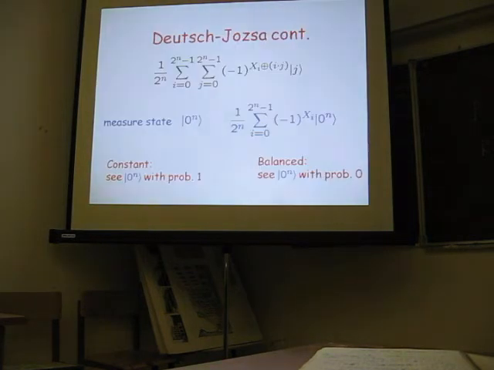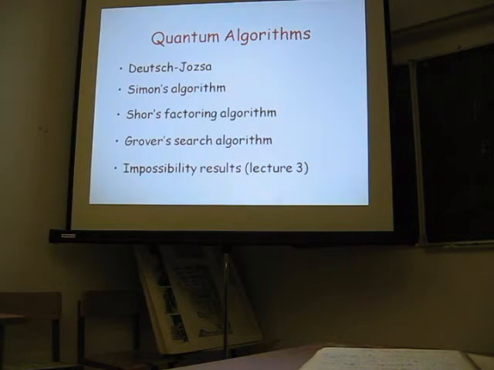Okay, so I've shown to you now the Deutsch and the Deutsch-Jozsa algorithm, and I will not have time to go into detail on these others, but I want to tell you that, just for historical perspective, after the Deutsch-Jozsa algorithm, there was an algorithm due to Simon, which actually precisely touched upon this point that Edward just pointed out, that this Deutsch-Jozsa algorithm is not really a good problem to separate quantum from probabilistic algorithms.